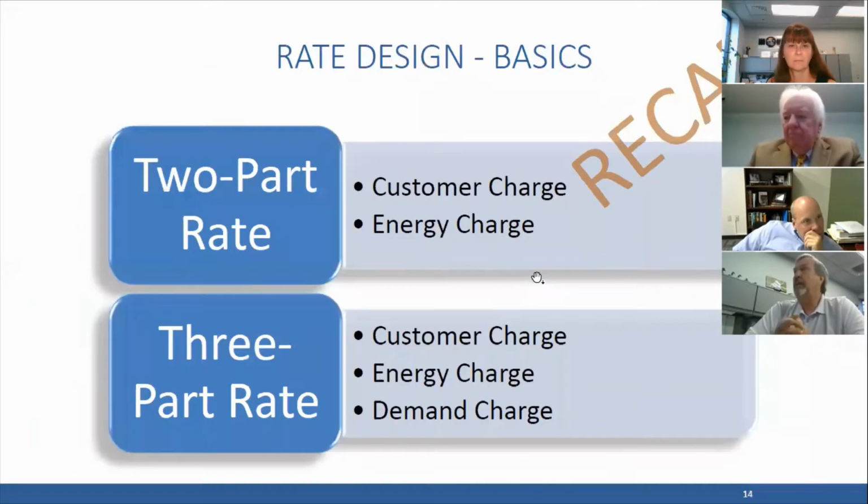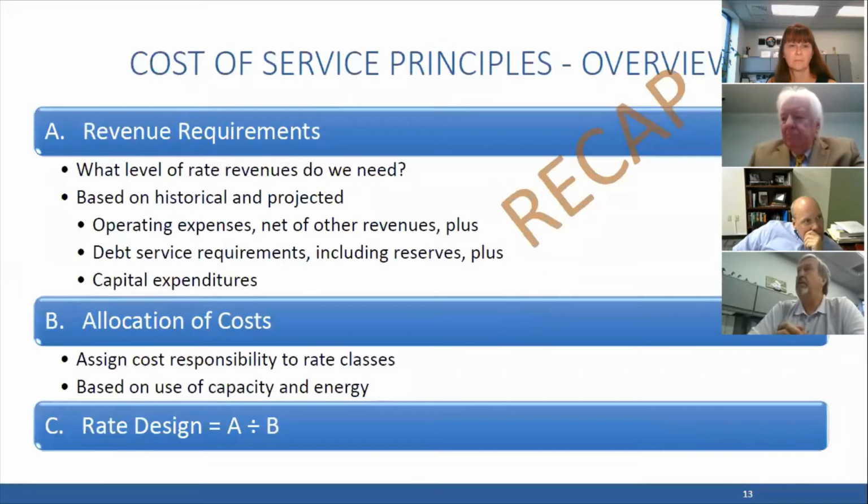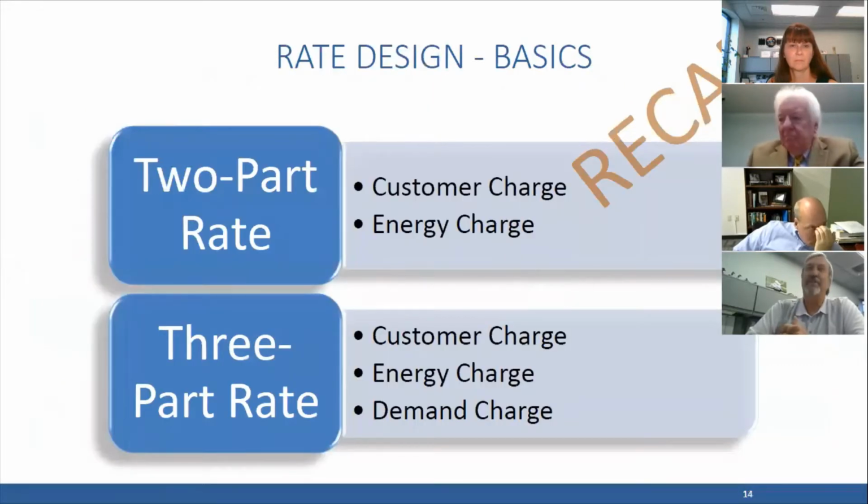We talked last month about two basic rate designs, and they kind of mirror the different kinds of costs. We have customer related costs, energy related costs, and demand related costs. The three-part rate basically recovers those three different kinds of costs from three different kinds of charges to the customer.